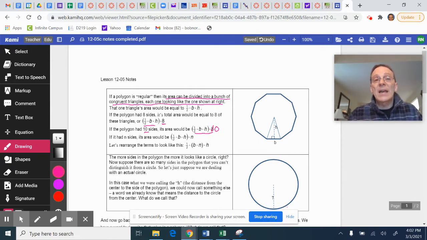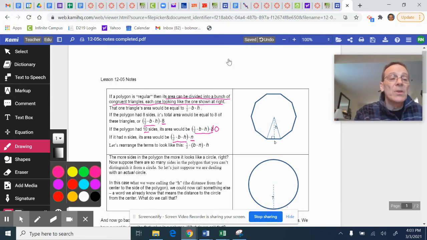Well, if the polygon has some number of sides that we don't know, let's just call it n sides, then the area of the polygon would be the area of a single triangle times the number of sides, or the number of triangles that you could carve out of that polygon.